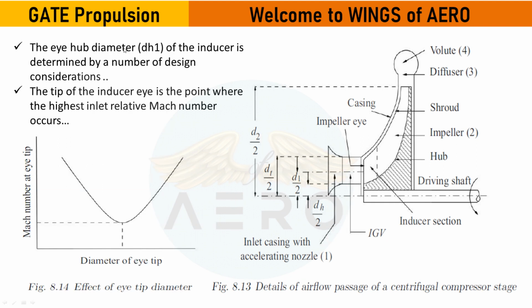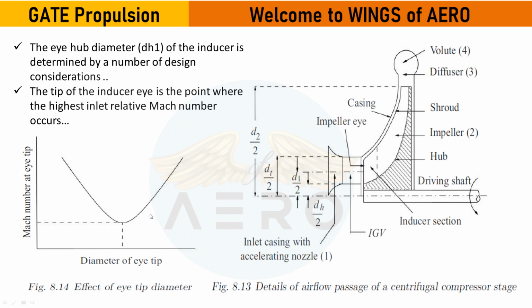So what is d_H1? Already we have said it is the eye hub, or the inlet we can say. Sometimes they might also ask what the significant factor is for the impeller eye hub diameter d_H1. It is to determine what the Mach number should be. What is the ideal Mach number?